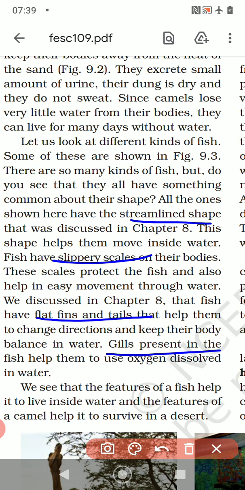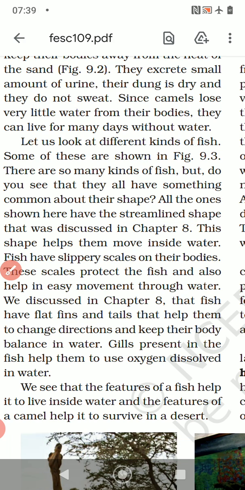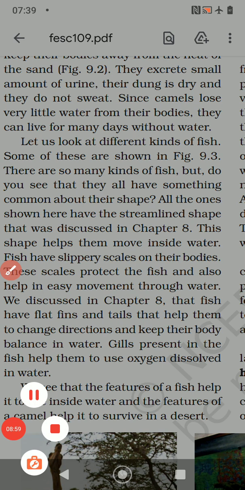There are 4 here. So we see that the features of a fish help it to live inside water, and the features of a camel help it to survive in the desert, children.